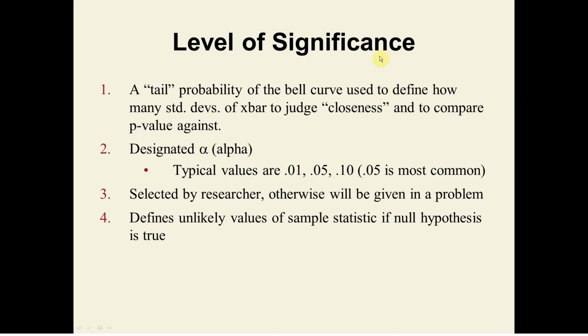Usually when you do a hypothesis test, you designate the level of significance, and 0.01, 0.05, or 0.1 are common values. The reason for that is this corresponds to confidence levels of 99, 95, and 90. For the same reason that we choose confidence levels between 90 and 99, we choose significances of 0.01, 0.05, and 0.10, because it's a compromise between accuracy and error. We don't want to be in error too often.